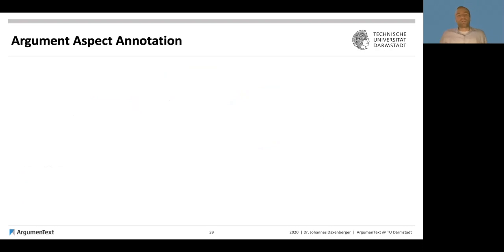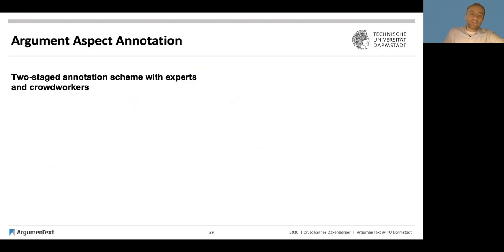How does this actually work in practice? How did we create training data for this? We had to apply a two-staged annotation scheme that involves both experts and crowd workers, because the first step was actually to annotate free span annotations, which is pretty complex. So we had this executed by trained experts that could basically select any span of text in a number of given arguments.